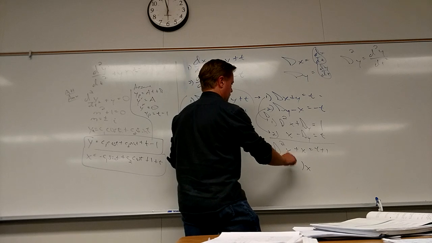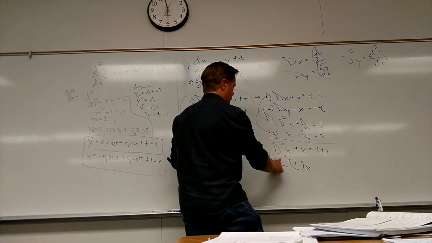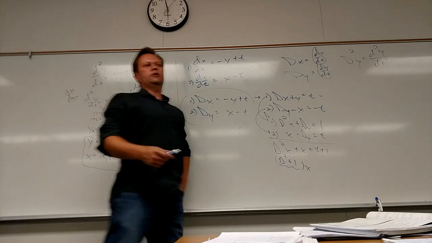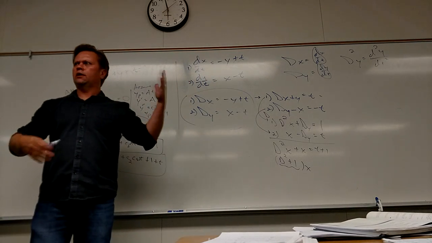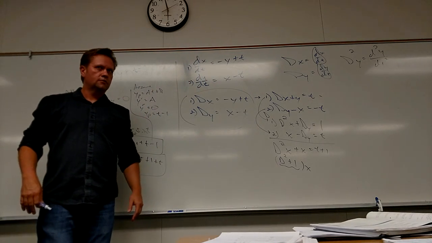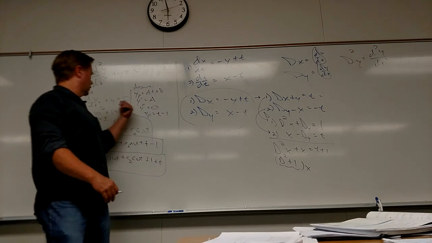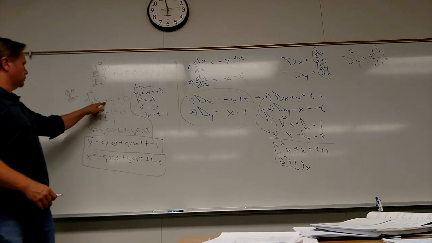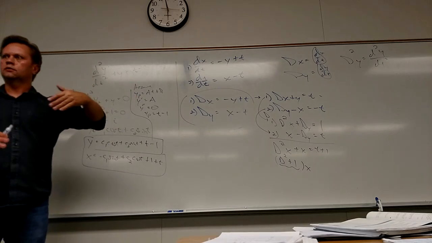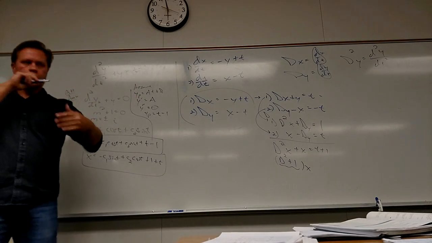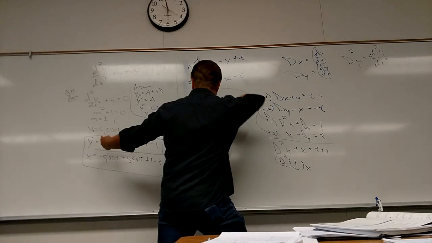D squared plus 1. See how that's the auxiliary equation already? I don't have to go through any m stuff. Just like over here, I went through the m stuff, but I could have just said d squared plus 1 operating on y. And so of course I'm going to get the same stuff I got over here.